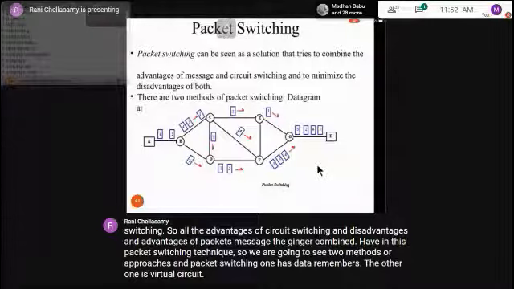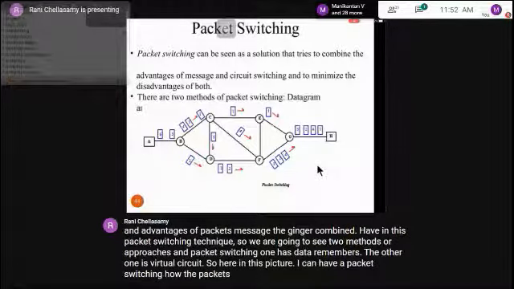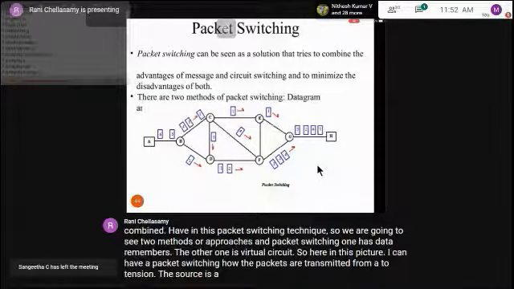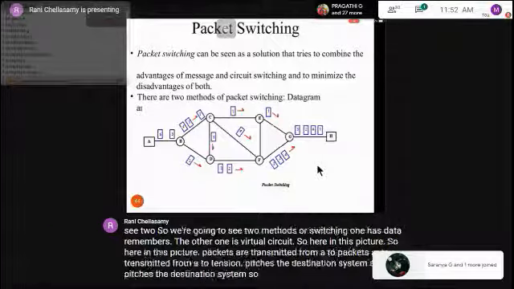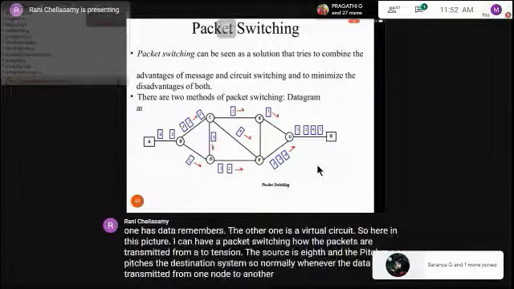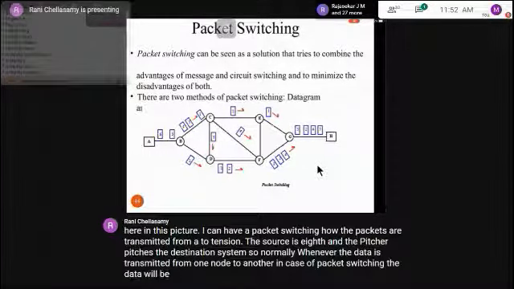Okay. So in this picture, you can see how packets are transmitted in packet switching from A to H. The source is A and H is the destination system. Whenever data is transmitted from one node to another in packet switching, the message will be divided into a number of packets.